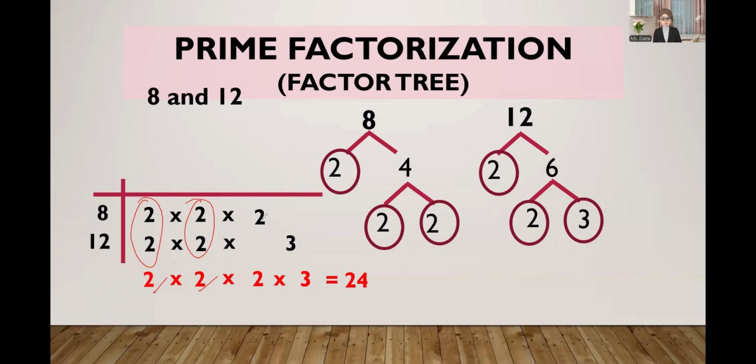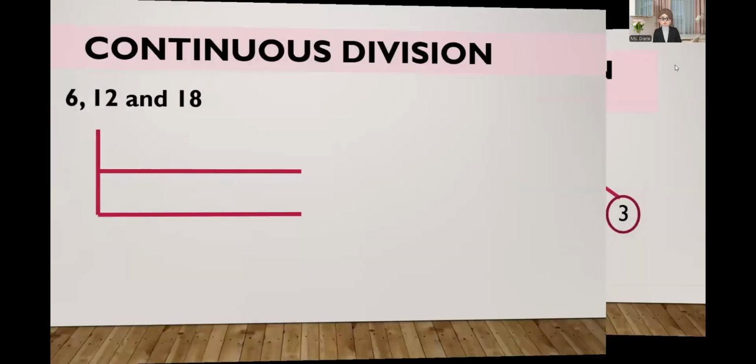In getting the LCM using prime factorization, numbers that are not common to both, you should bring down here so that you can multiply them. And also this one, the 3. Then multiply them all together. 2 times 2 is 4, and 4 times 2 is 8, and 8 times 3 is 24. So the LCM of 8 and 12 is 24.